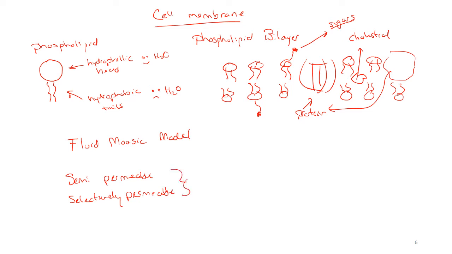Semi-permeable and selectively permeable basically means it allows some, but not all, things to pass through.